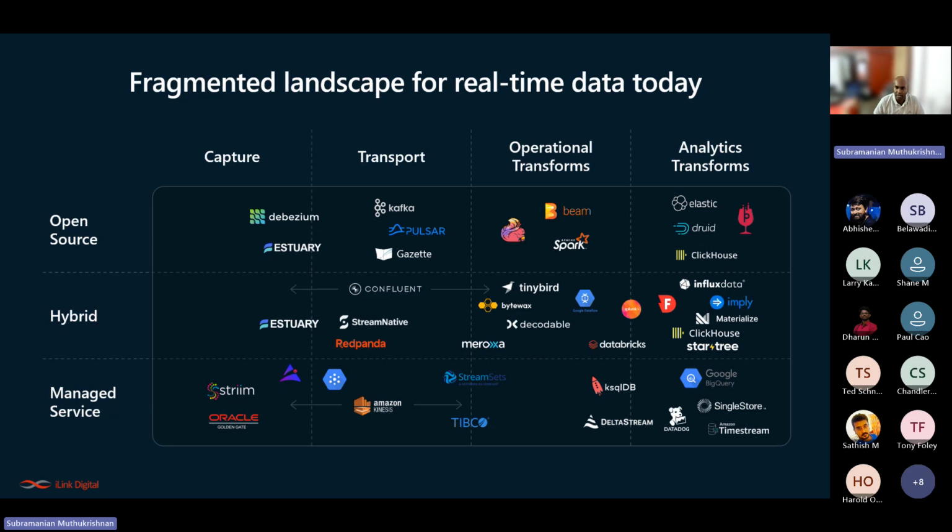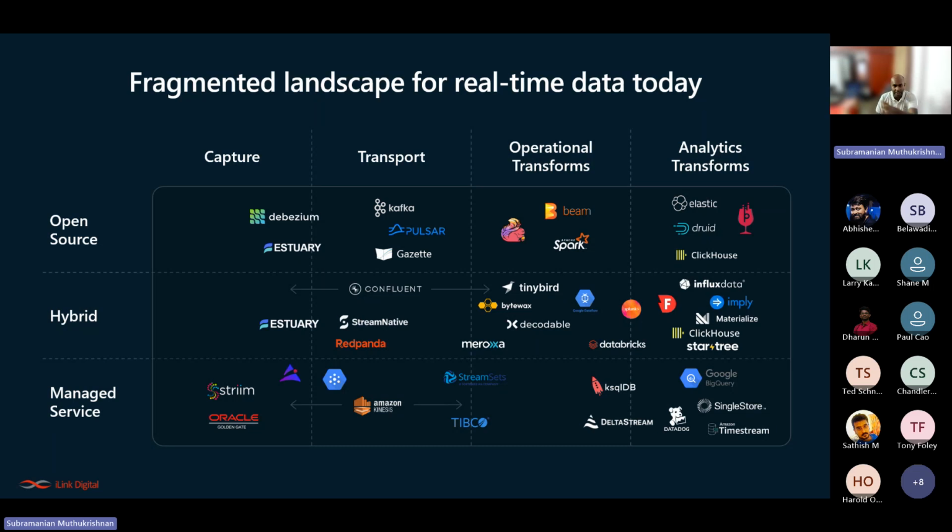Hasn't the industry figured out the problem yet? The reality is the market, as you can see here on the screen, remains very fragmented. So when we think about seeing the data right from the source when it happens, all the way to taking it into action, there are very few or limited end-to-end solutions that customers can use out of the box.